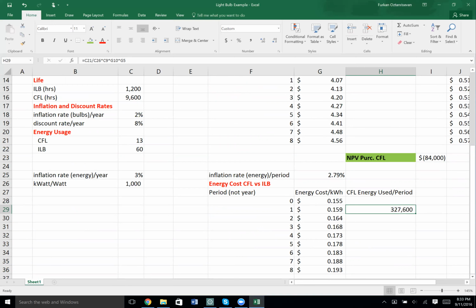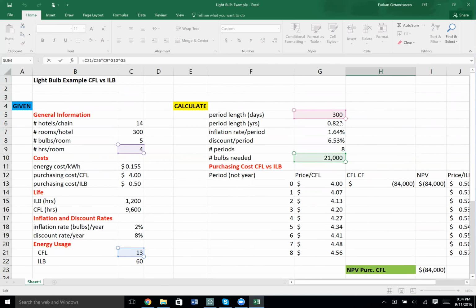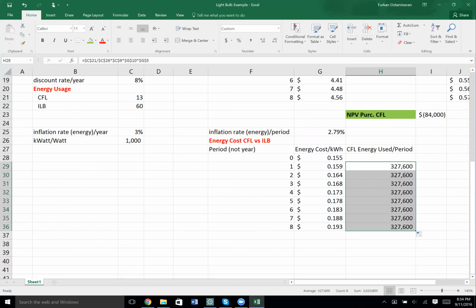So I would like to copy paste the same information here, and I know that my energy use will always be the same, because I will have the same number of bulbs, the same energy usage per bulb, the same number of hours per day, and the same number of days in a period. So I could highlight all this and push F4 to fix the formulas, and now copy paste the formula. What I want you to notice is that I kept the first cell empty.